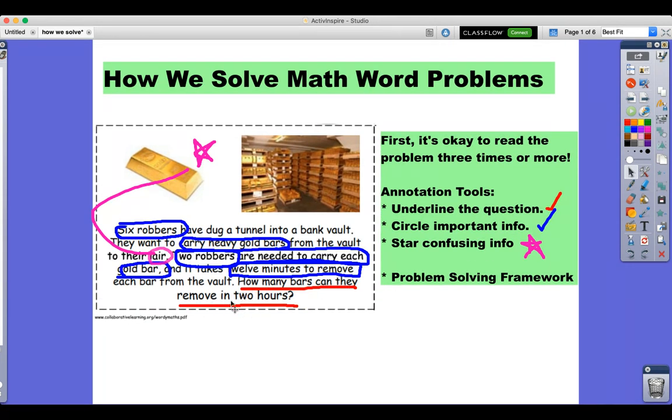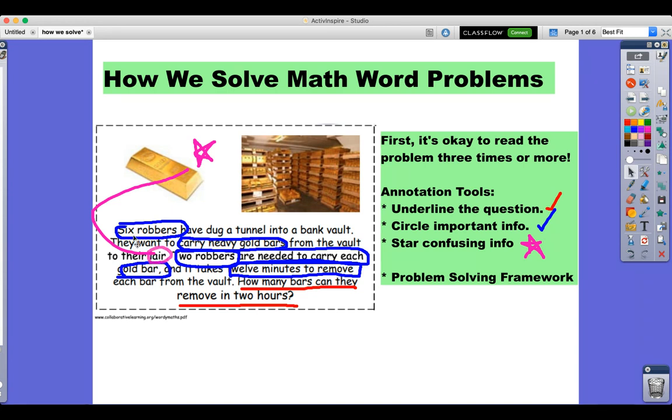How many bars can they remove in 2 hours? Circling important information. Now, all these things in blue over here are things that I find important, and putting a star next to any information that is confusing. So here, I put a star next to the word layer because I don't quite know what a layer is.